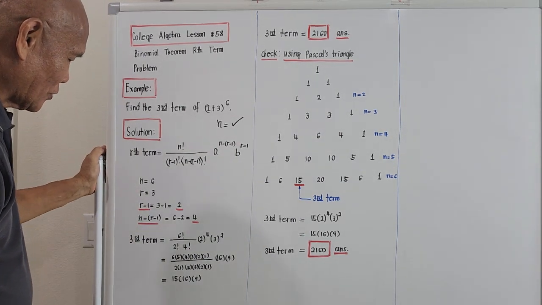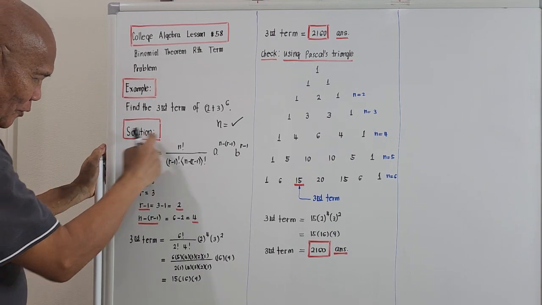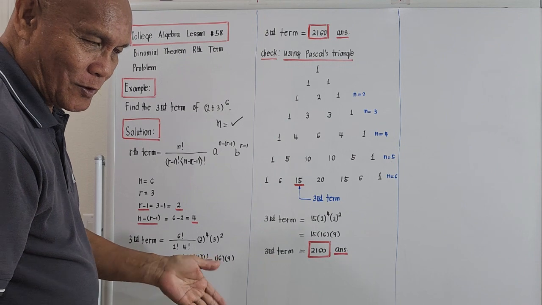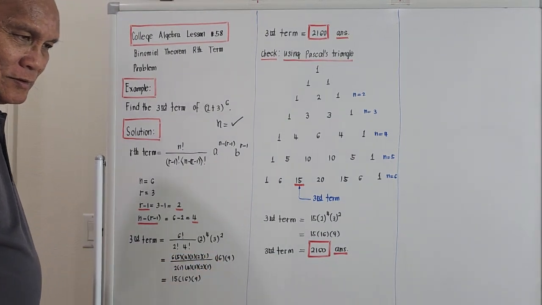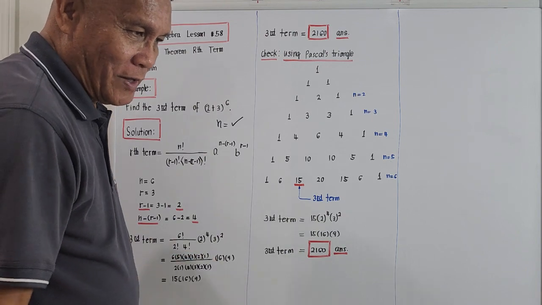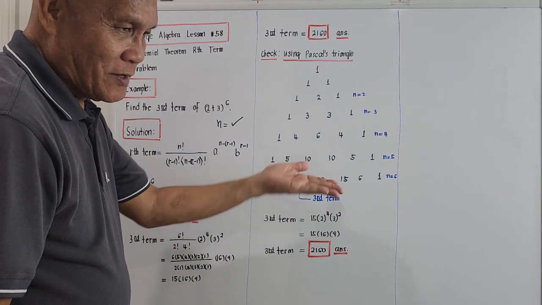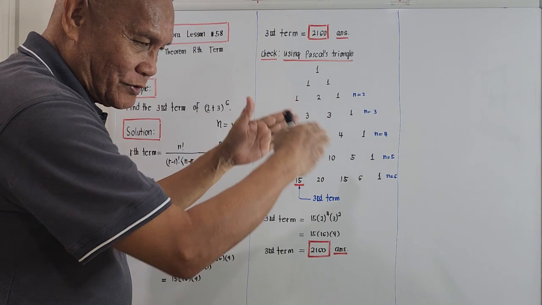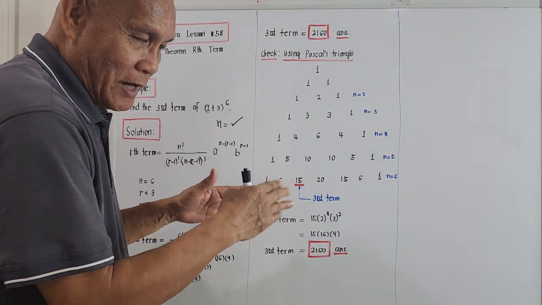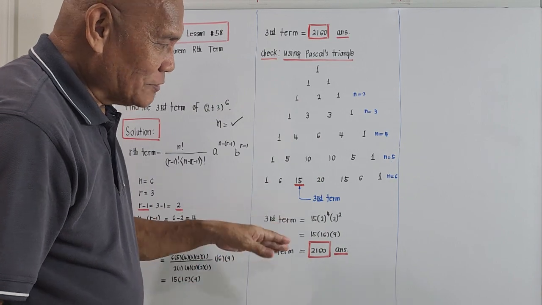Let's bring out the solution. Supposing you are on the SAT exam and you forgot the formula, you'll have a problem. For me, I will not have a problem, because I know Pascal's triangle. I will just construct the Pascal's triangle up to n equal to 6.